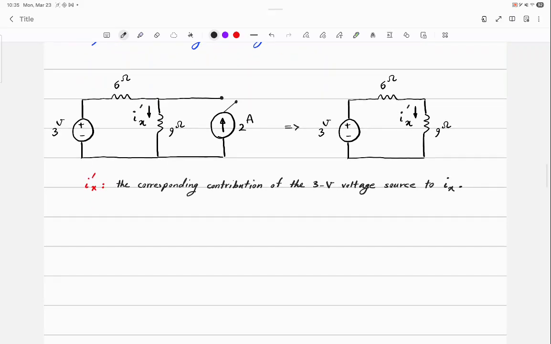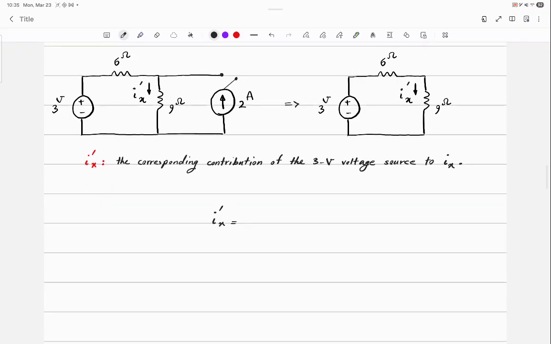Okay? So let's see if I can find it. What is I prime x? Very easy. Tell me how to write it. 3 volts divided by the equivalent resistance of the whole circuit, right?